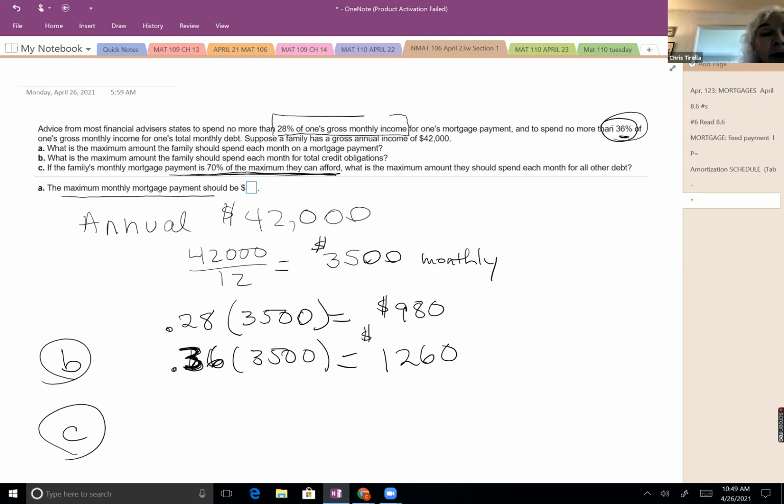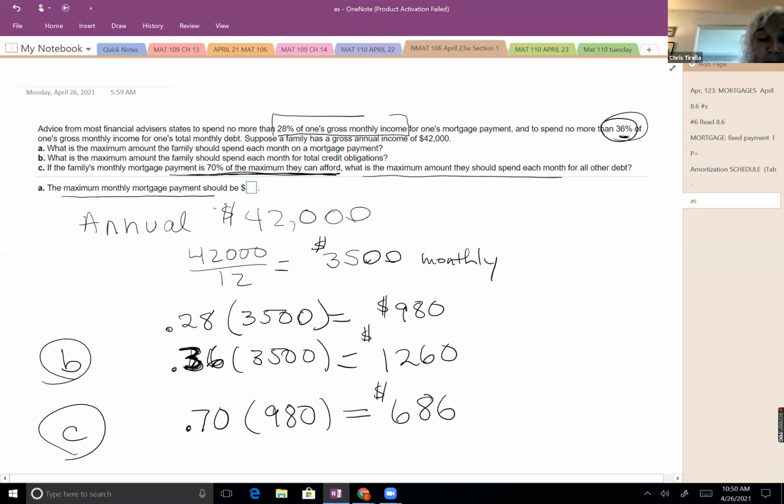Now, they're only paying 70% of the maximum they can afford. Well, the maximum they can afford is the $980. So they're paying $686. What else can they spend?